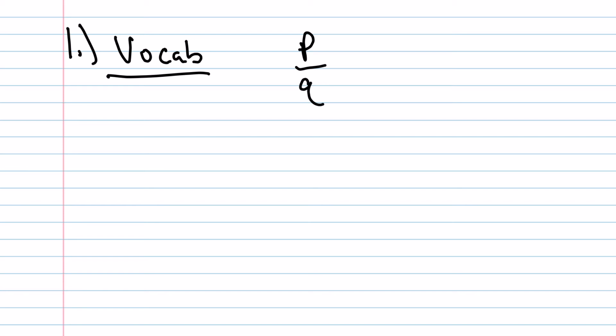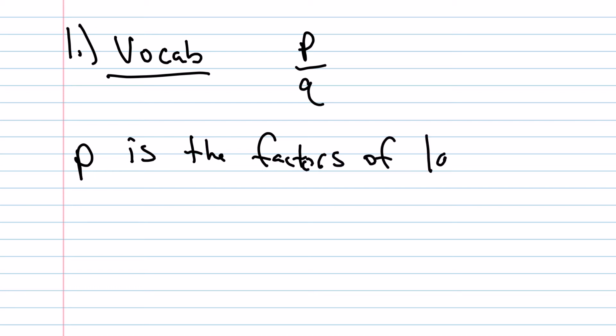If a polynomial function has integer coefficients, then every rational zero of the function has the form p over q, where p is the factors of the last term, and sometimes we call that the constant.